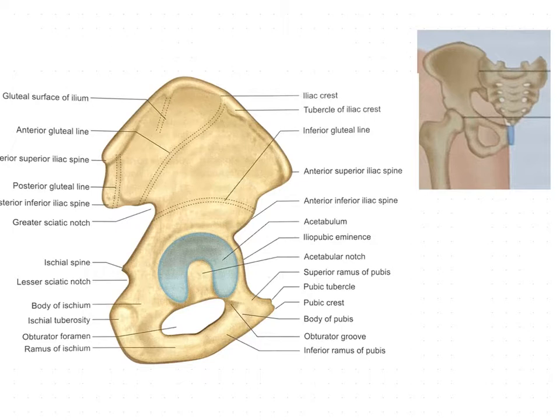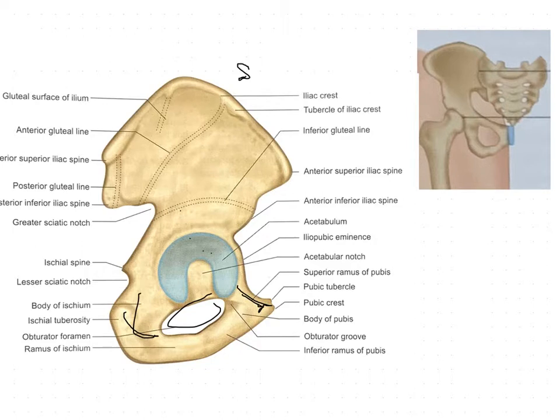The flat expanded part of the ilium should be placed superiorly, lying above the acetabulum, and the obturator foramen lies below the acetabulum. The obturator foramen is bounded anteriorly by the thin plate of the pubis and posteriorly by a thicker, strong ischium.